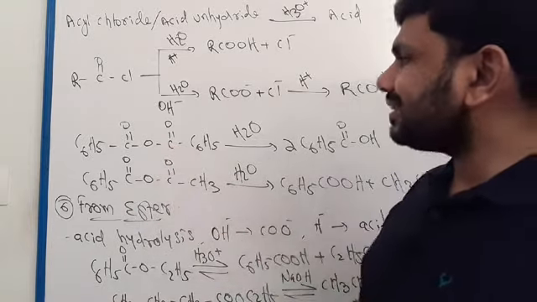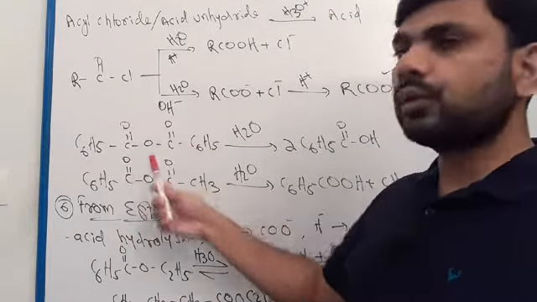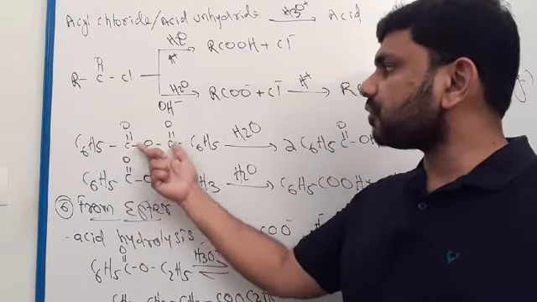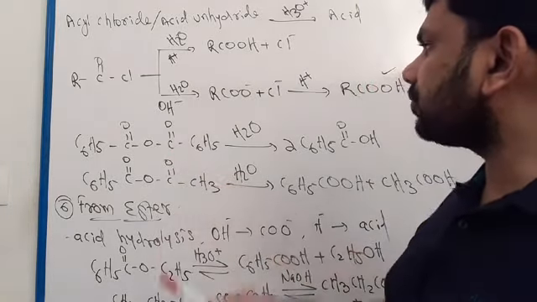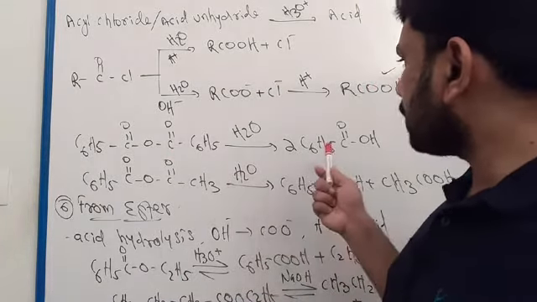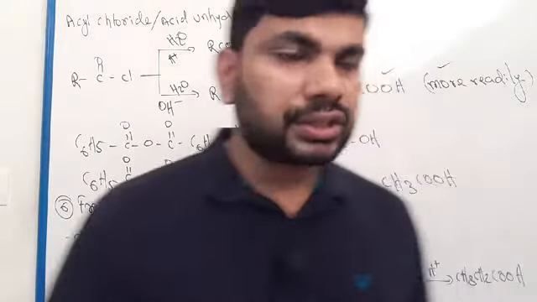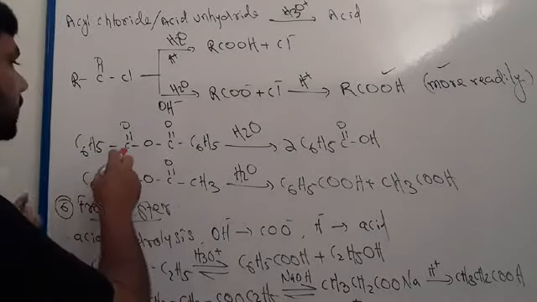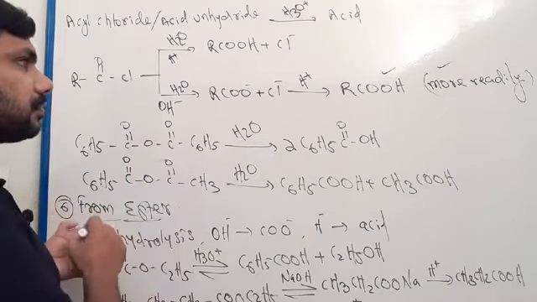This is the functional group of acid anhydride. This acid anhydride, after hydrolysis, produces carboxylic acid. So look here, this is C6H5 C double bond oxygen, C double bond oxygen, C6H5.